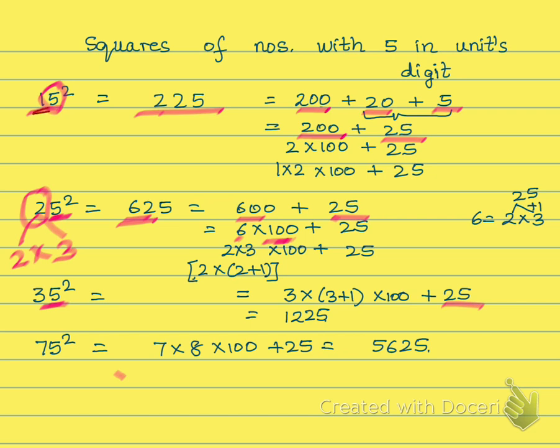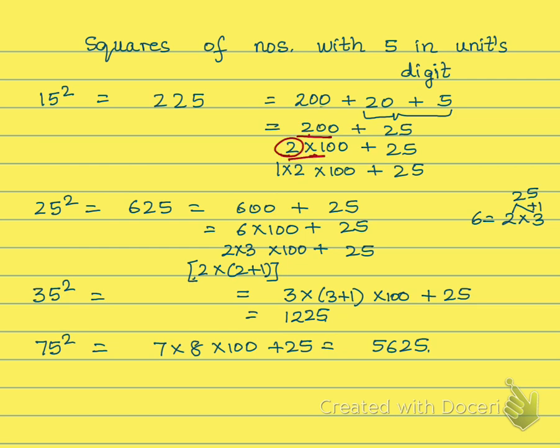Just like 1 over here, 15 square gave me 225, and I got it as 200 plus 25, 2 times 100. Now what is this 2? That's 1 times the next natural number. Take 25 over here. 2 times the next natural number. So 2 times 3 gives me a 6. So straight away from here I know it is 625.